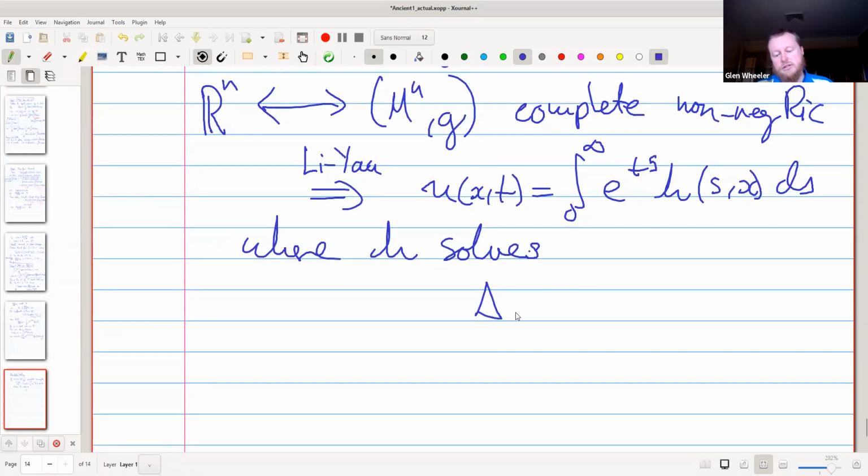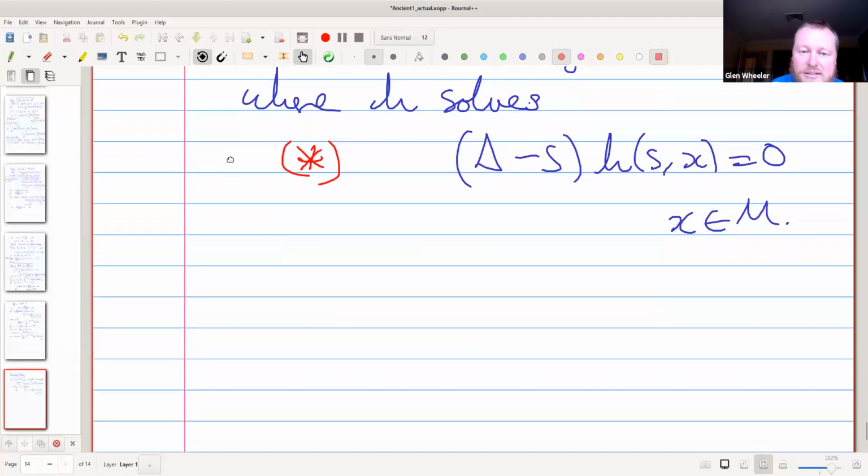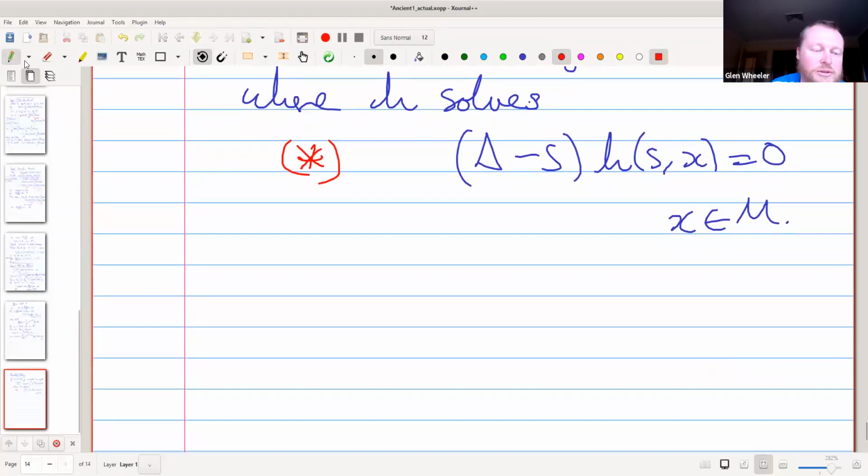So it's going to solve Laplacian minus s, H_s(x) equals 0, and here x is in M. Now the issue, at least as far as I'm concerned, is that the classification of solutions to this PDE is quite hard, and I don't fully appreciate or understand it.